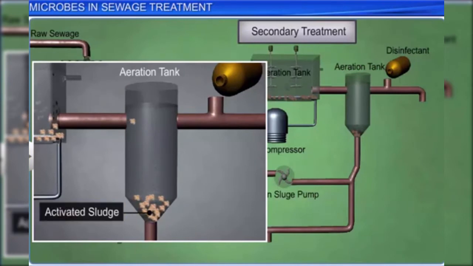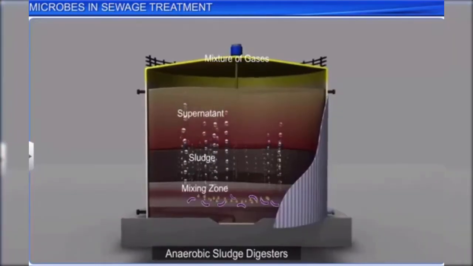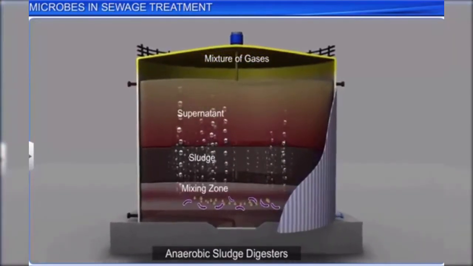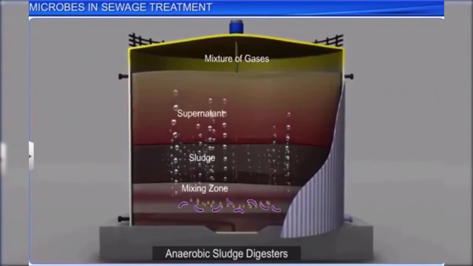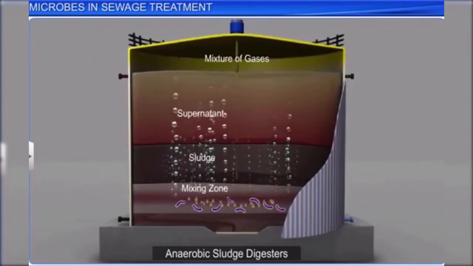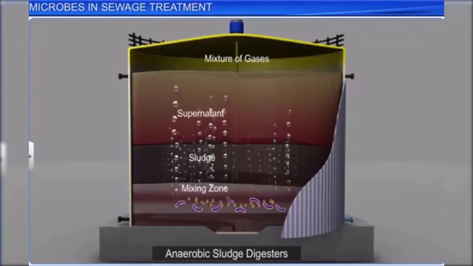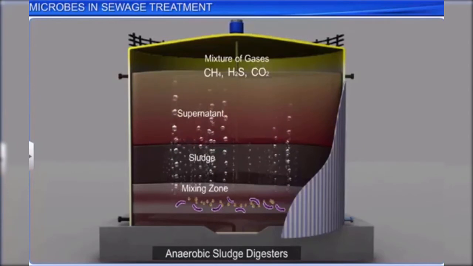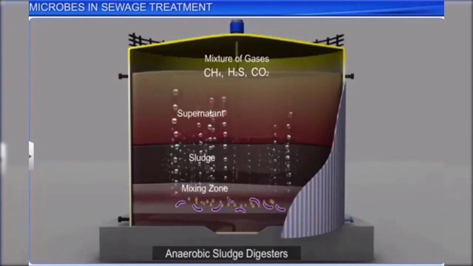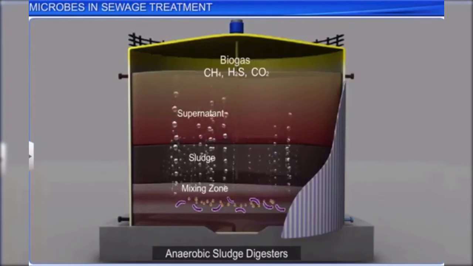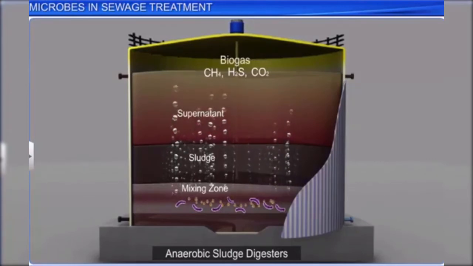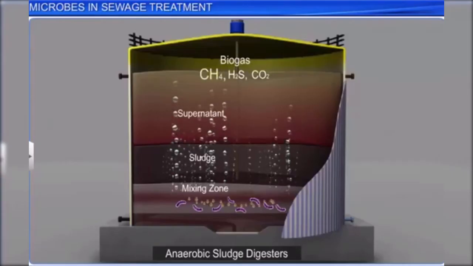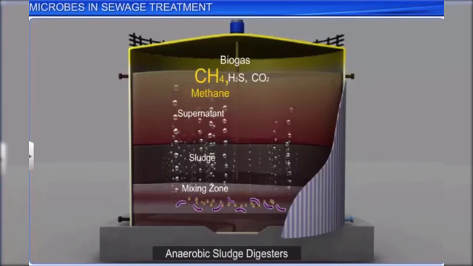sludge digesters. Here, anaerobic bacteria digest the bacteria and fungi present in the activated sludge and produce a mixture of gases such as methane, hydrogen sulfide, and carbon dioxide. This mixture of gases is also called biogas and is used as fuel since it is inflammable. Methane is the main gas produced from sewage treatment and also serves as fuel.